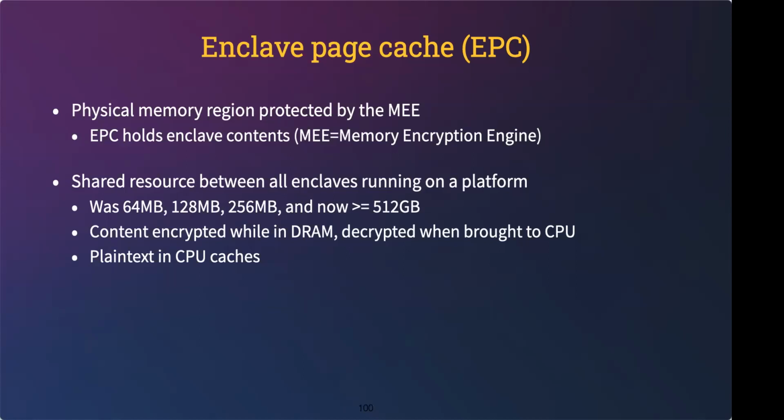I mentioned already, this enclave page cache was really tiny. When it started, it was only 64 megabytes. Therefore, you had to re-encrypt between EPC and main memory a lot, and that could slow down your computation. These days, you have large encrypted memory, and so typically you don't see any slowdowns, or not much of a slowdown anymore.